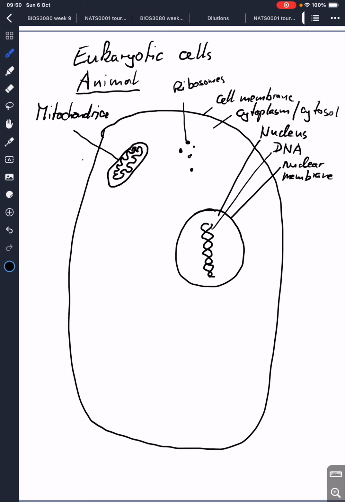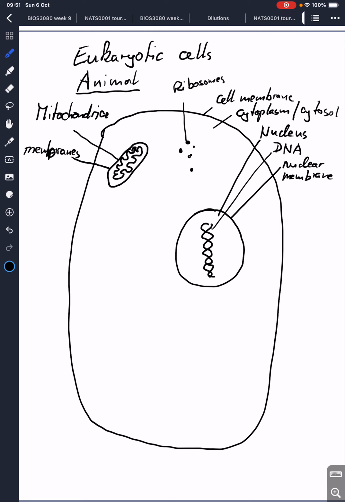Again, we have membranes, and in the case of mitochondria, we have two membranes made up of phospholipids, which provide a nice compartment for the cell in which specialized processes are taking place.